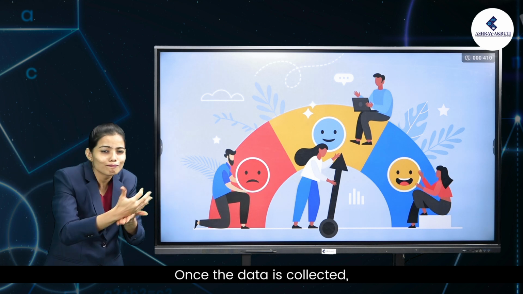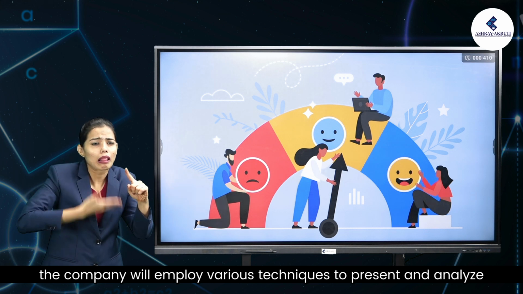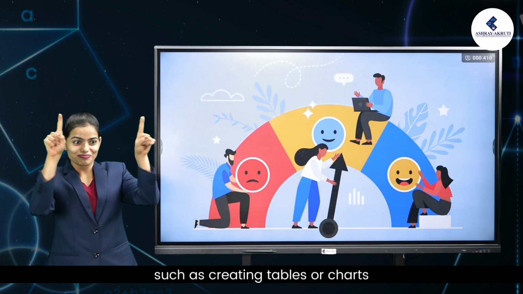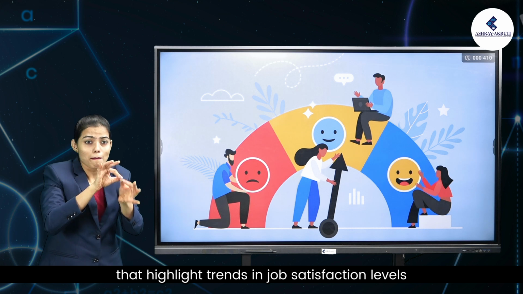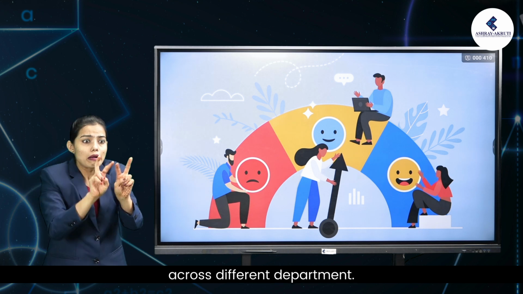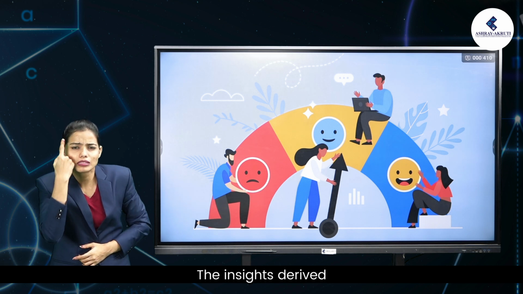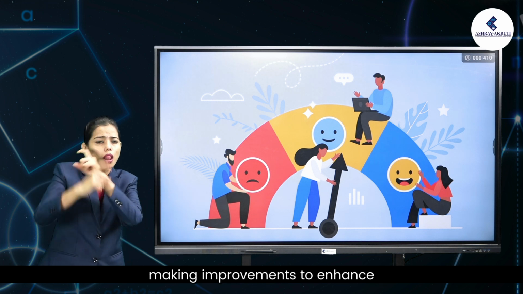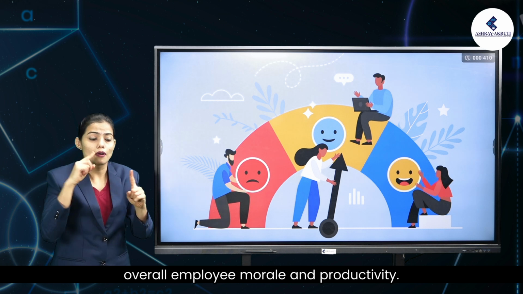Once the data is collected, the company will employ various techniques to present and analyze the information, such as creating tables or charts that highlight trends in job satisfaction levels across different departments. The insights derived from this data can guide the company in making improvements to enhance overall employee morale and productivity.